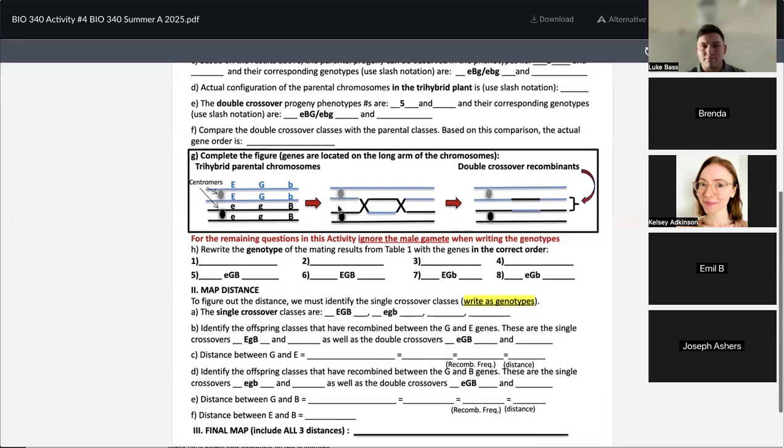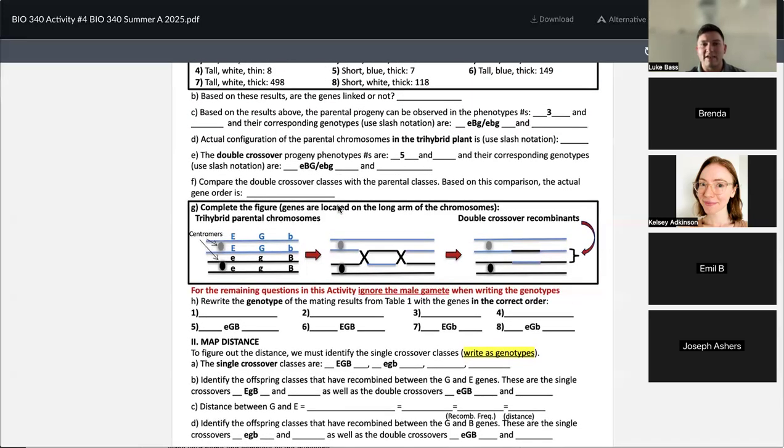Yeah. Perfect. So they give you the first genotype, little e, big B, big G. What would the genotype be for 4? It would be big E, small b, small g.